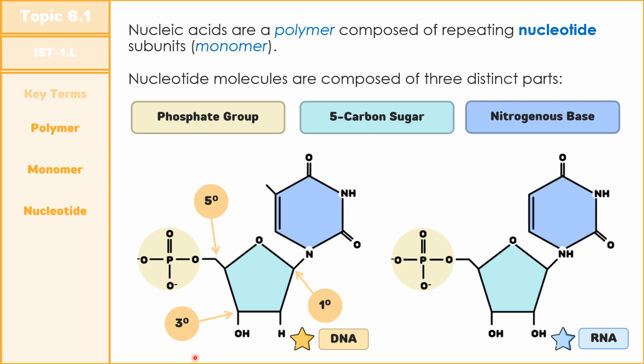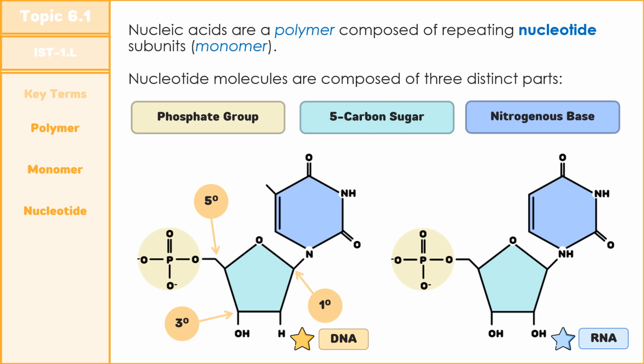What will change, however, is this nitrogenous base. So here we have a thymine, and over here we have a uracil. And you won't have to memorize the structures of these nitrogenous bases aside from a few key points. But we can tell our differences between our nucleotides based on the nitrogenous bases that are attached to those pentose sugars.